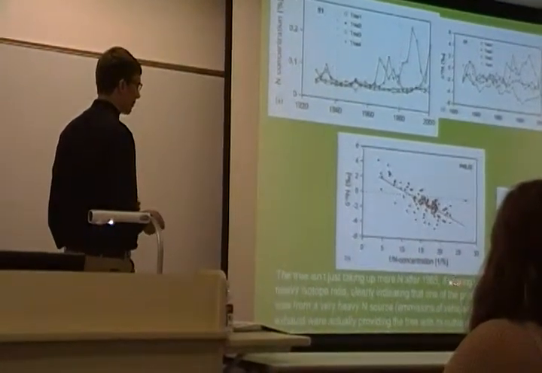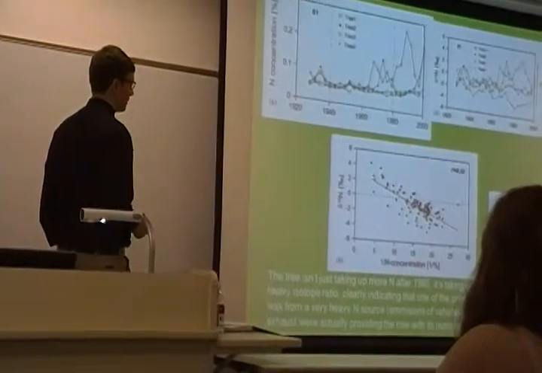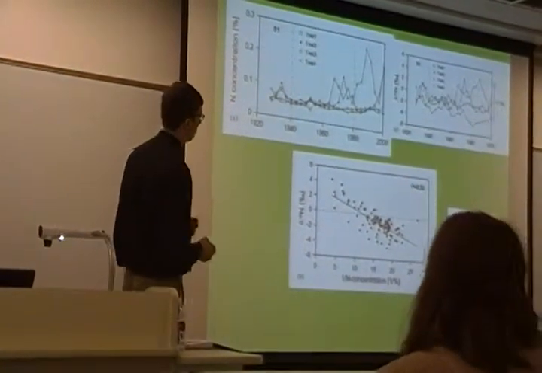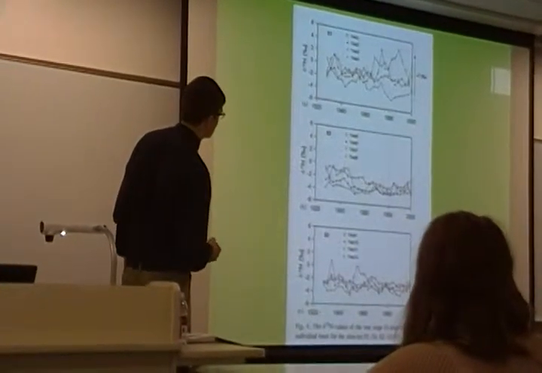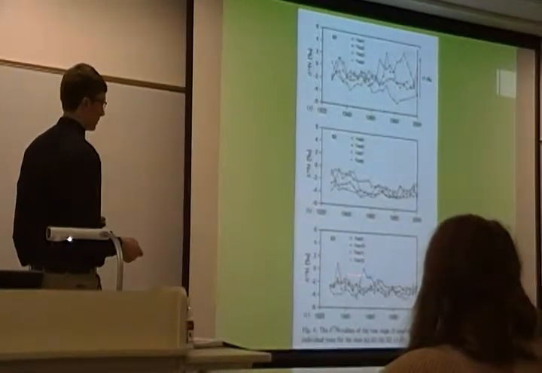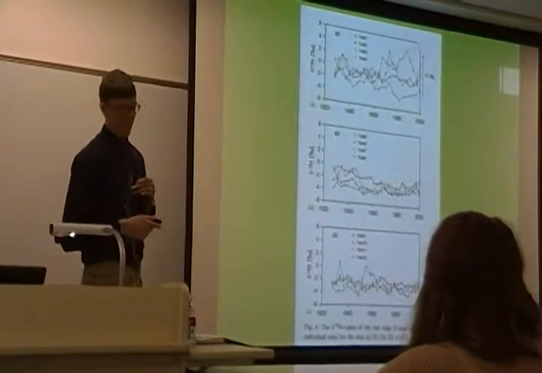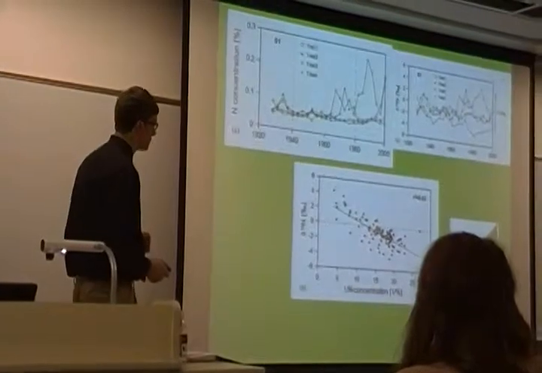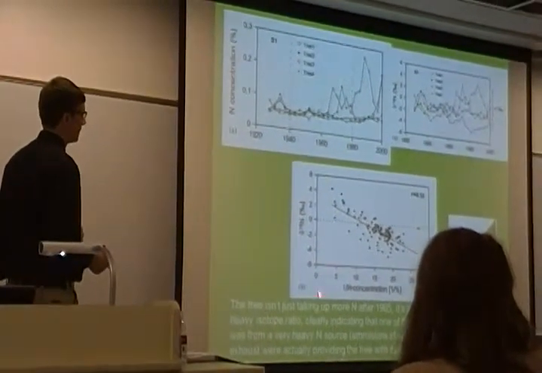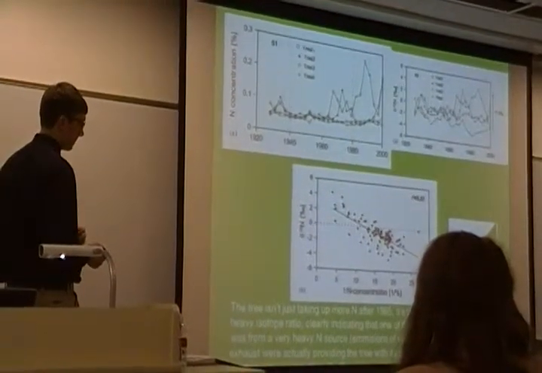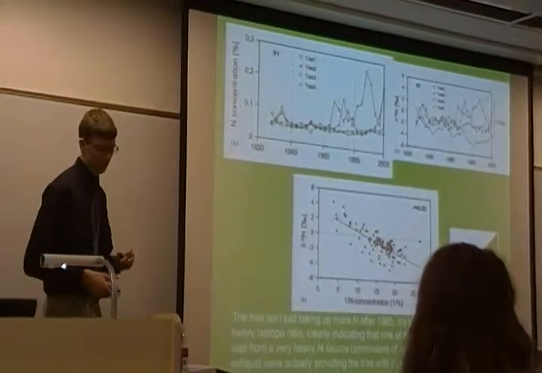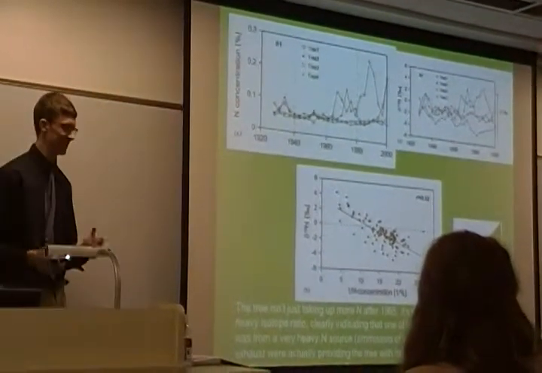And this points towards the emissions from the vehicles. As we saw from sites 2 and 3 that were distant from the highway, they had a very low isotope ratio, indicating kind of a background. So we can see why it's important, because this points towards the trees taking up nitrogen from the vehicles.